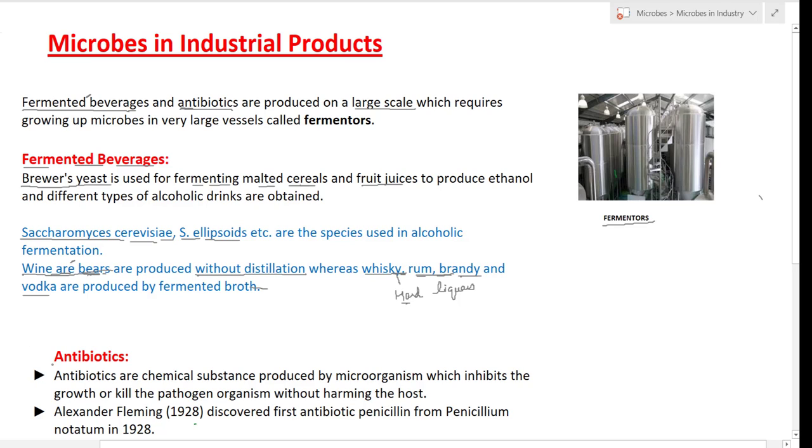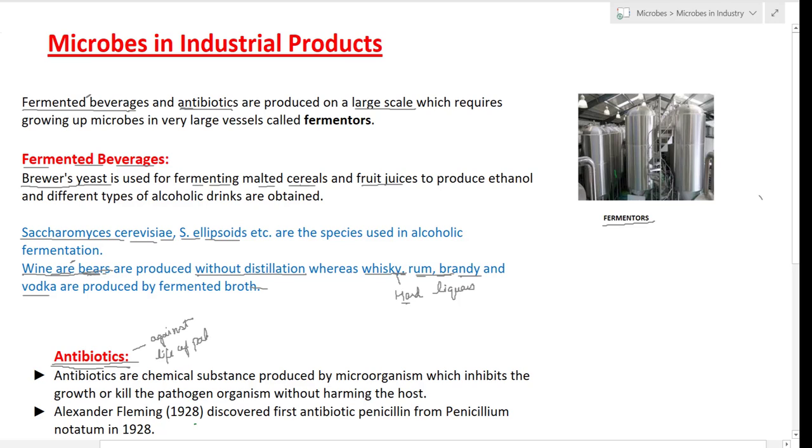Next we come to antibiotics. These are the most important products which we get from microbes, because they are life saving. They are used against different diseases. Antibiotics means against life. Against the life of what? Pathogens, not ours. They are against the life of pathogens.